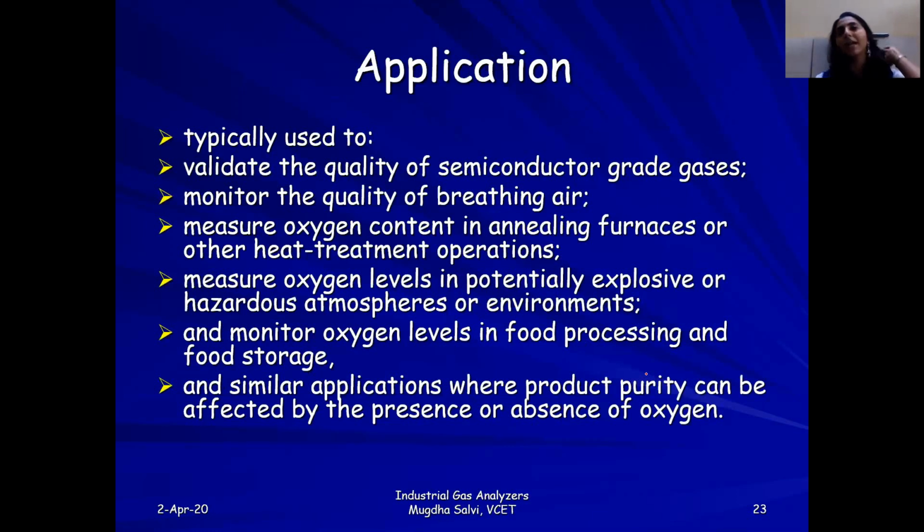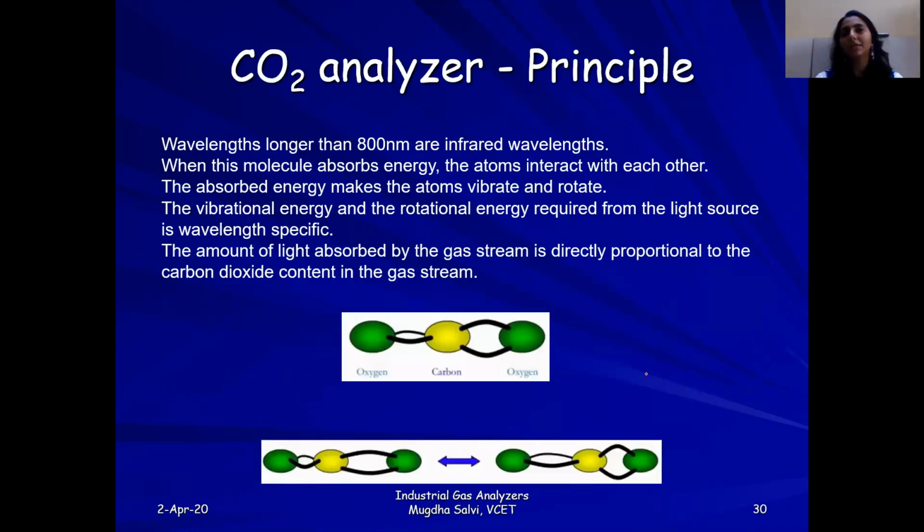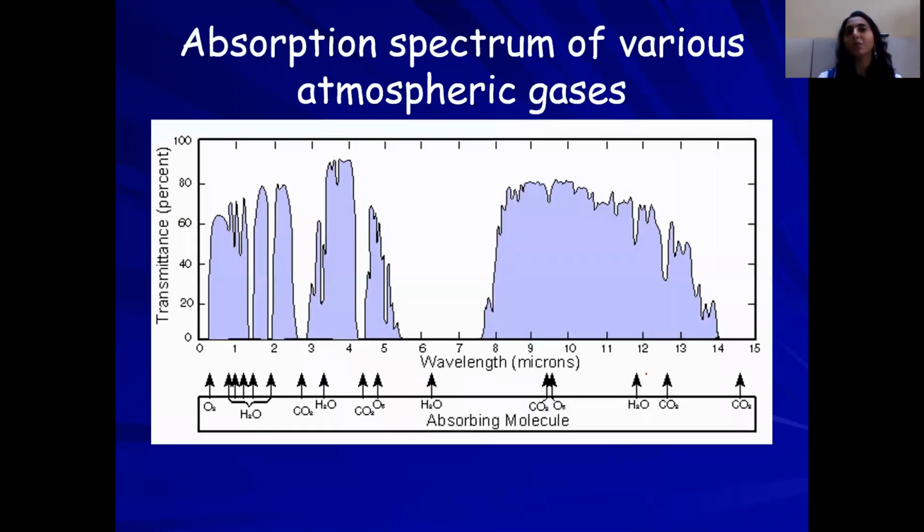Now, carbon dioxide analyzers, or basically infrared-based gas analyzers, because there are many gases which respond to infrared radiation in a very good manner. You can just observe this spectrum here. This is the absorption spectrum of various atmospheric gases with respect to infrared radiations.